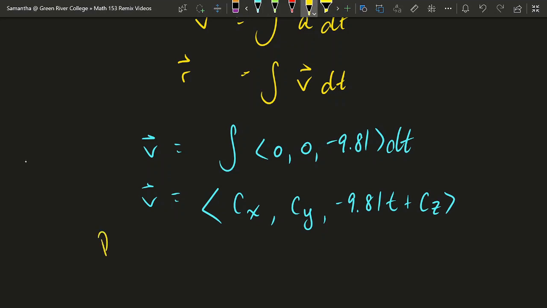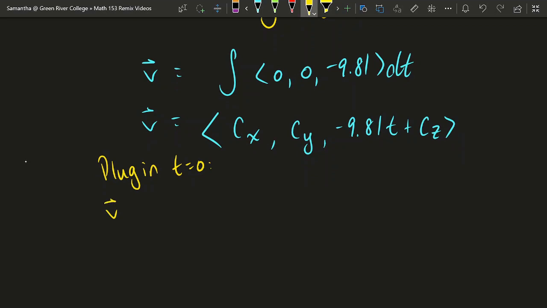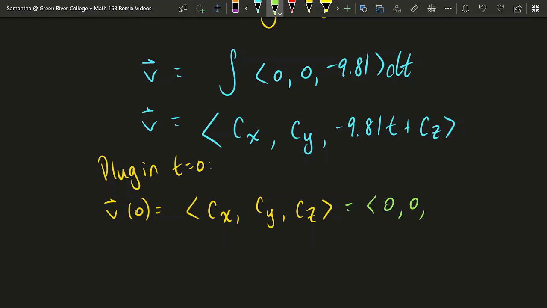Now let's plug in the initial time and compare the initial velocity predicted by my function, cx, cy, and cz, with the initial velocity given to me in the problem, 0, 0, 5.